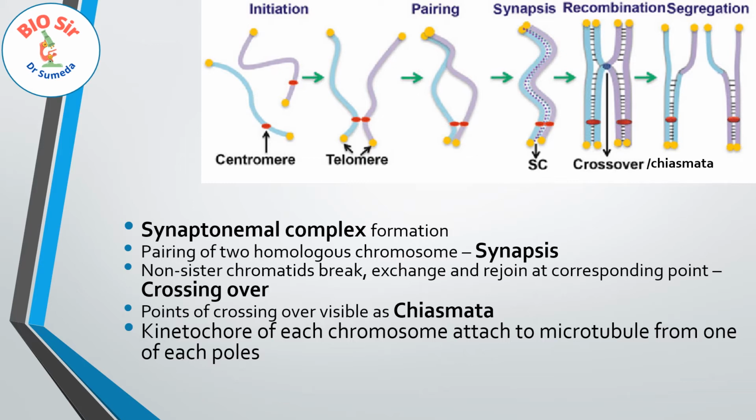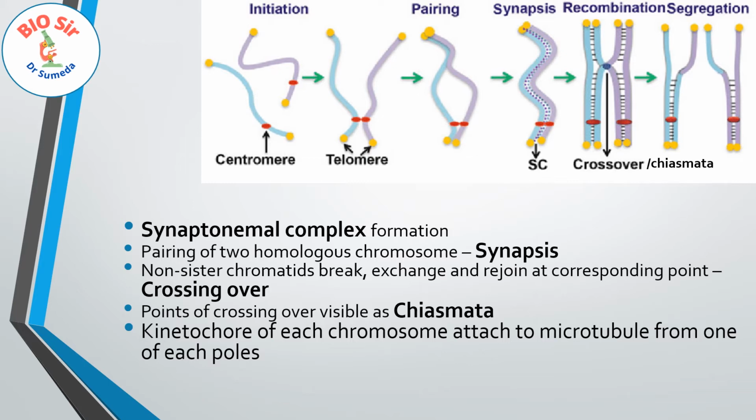As shown in this figure, you have a blue chromosome on one side and a purple one on the other, and ultimately we will have a small part of the blue chromatid in the purple one, and a small part of the purple one in the blue one.